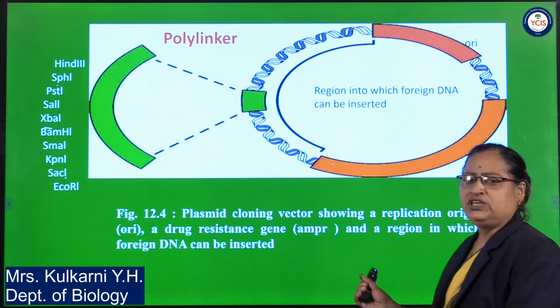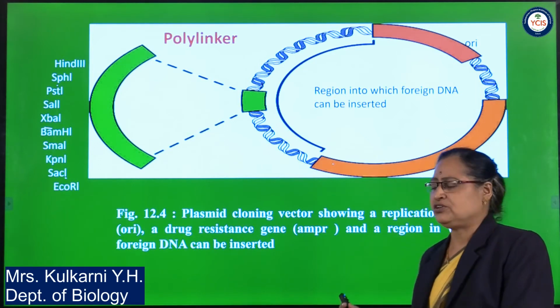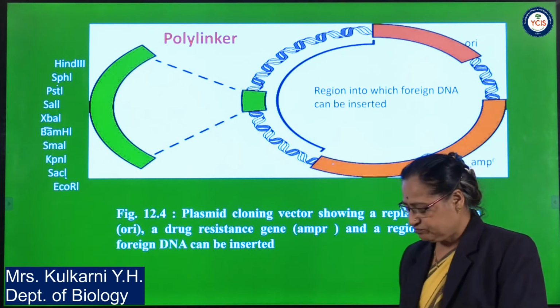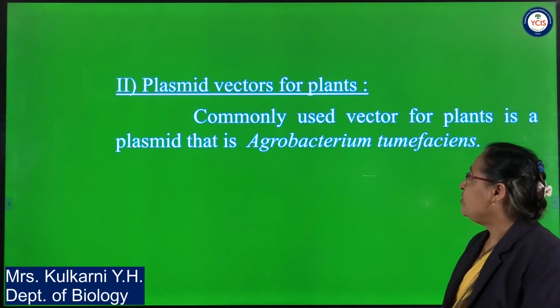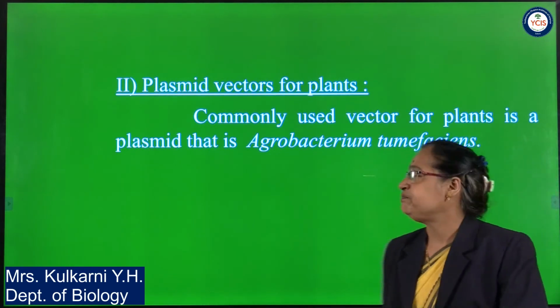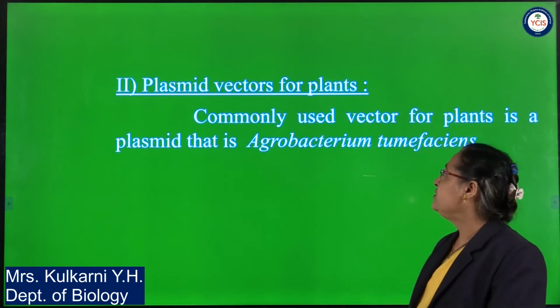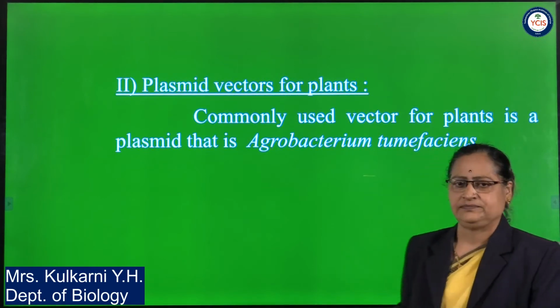PBR322. It shows the ampicillin resistance gene and origin. So this is about the plasmid. Then we are to study the plasmid vectors for plants.